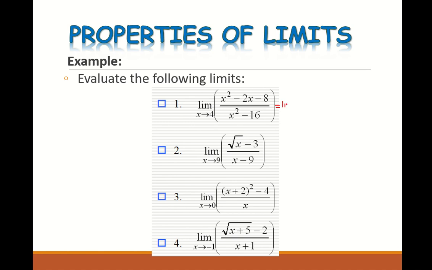Don't forget to write it this way. So limit, when you're doing your solution, limit of the new factors. For the denominator, the factors are x minus 4 and x plus 4.